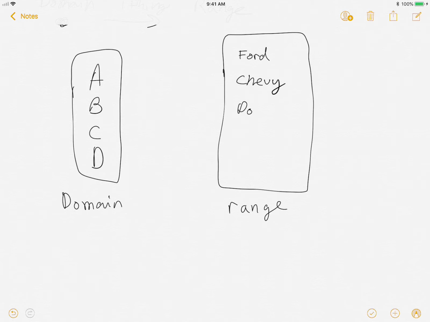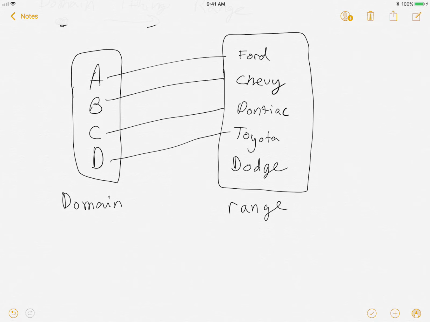Student C owns a Pontiac. Student D owns a Toyota, but he also has a Dodge. Okay, because he owns two cars. Well, in this case, we have something in the domain going to two different things in the range, which contradicts what the definition of a function says. So, this is not a function.